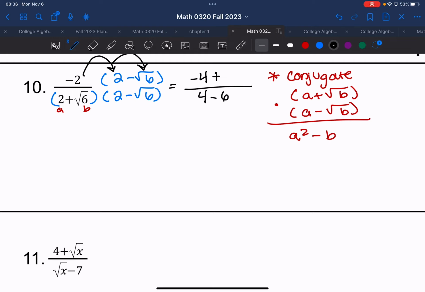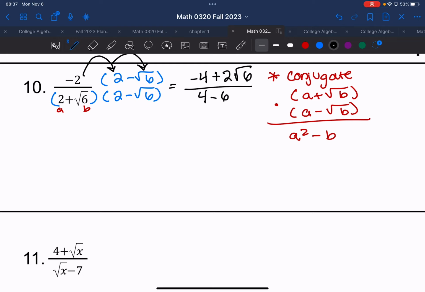Can we multiply the 2 and 6 together? Yes or no? Are they both radicals? No, so that means we can't multiply them together. So that 2 is going to go on the outside, and that square root of 6 stays on the inside. And the reason that it's positive is because we did a negative times a negative.